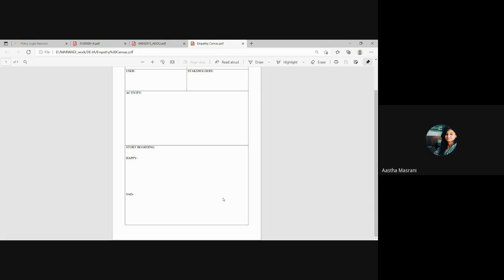Okay, students, for a while, pay attention over here, then you can continue with your work. In this sheet, you don't need to mention the features of the application or the product that you are going to make.